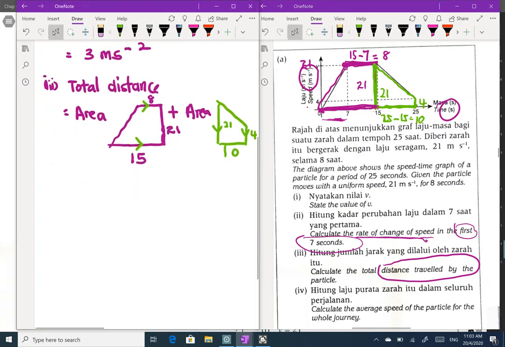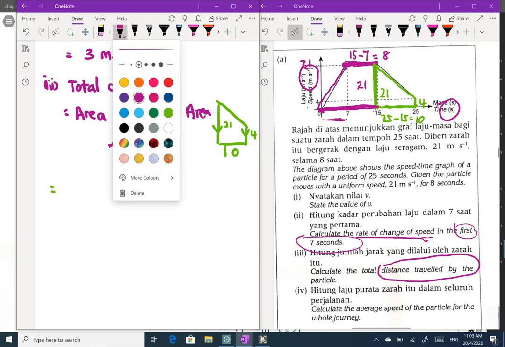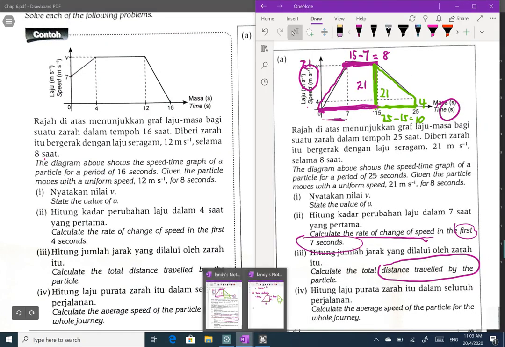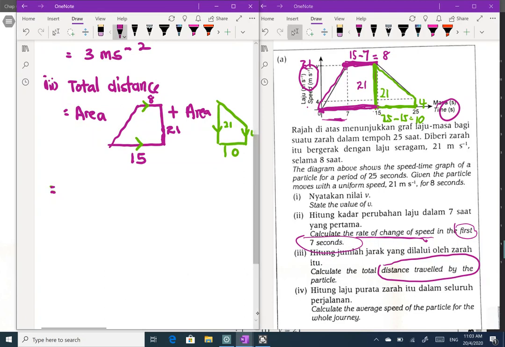So now I apply the formula. The area of a trapezium is 1 over 2 times the parallel lines 8 plus 15, times the height 21.